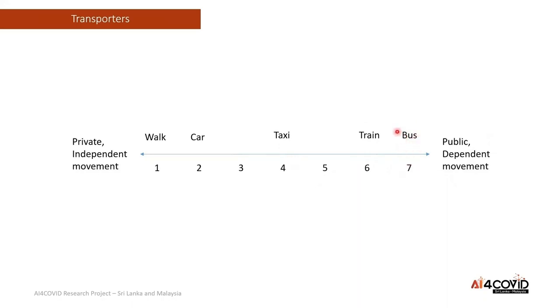He's going to go by train or a taxi, and like that he's going to move to a lower level, more independent movement, and he is going to take some other movement methods to go to his destination.